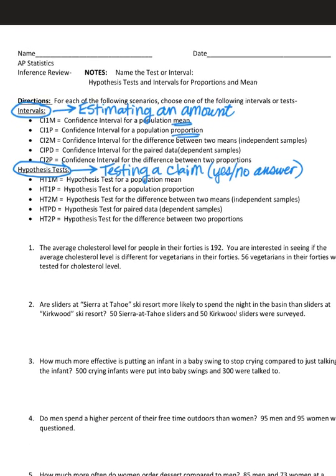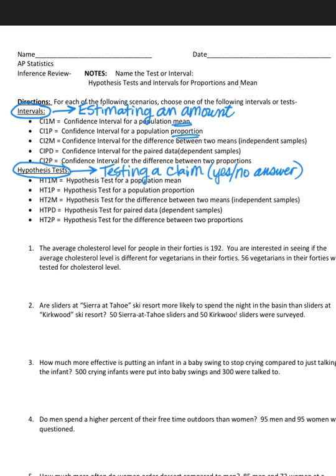With a mean, we have quantity amounts, a numerical value, a numerical amount of how much something is, versus a proportion, which is happening with categorical data.